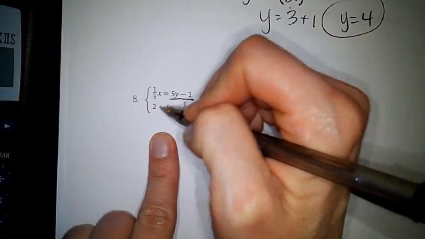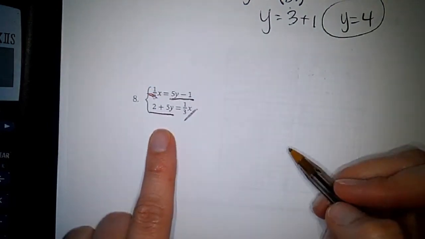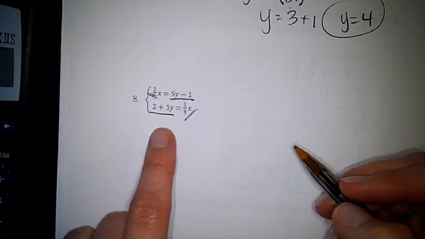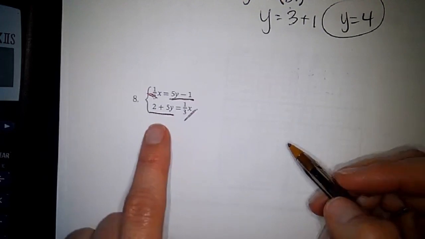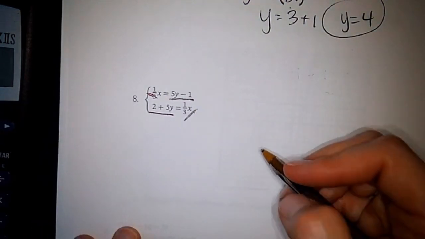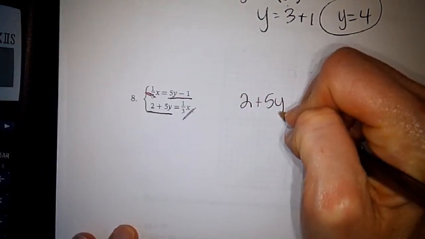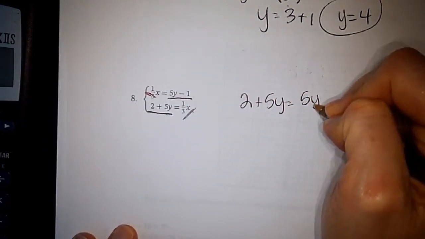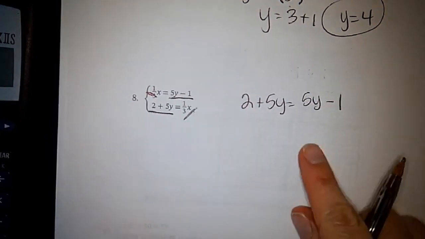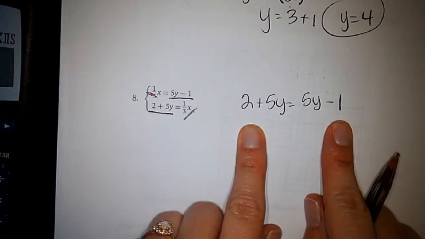So because they do not have anything that is the same on this end, that means that it is no solution. The reason being is because 2 plus 5y equals 5y minus 1. Can you have 5y plus 2 equal 5y minus 1? No, it will be no solution because 2 does not equal negative 1.